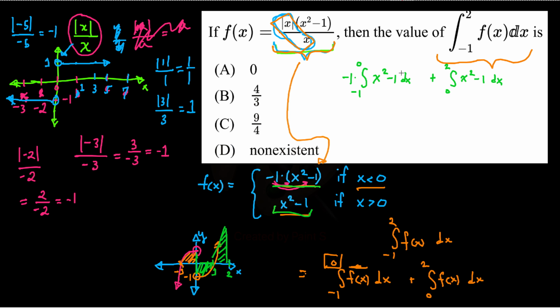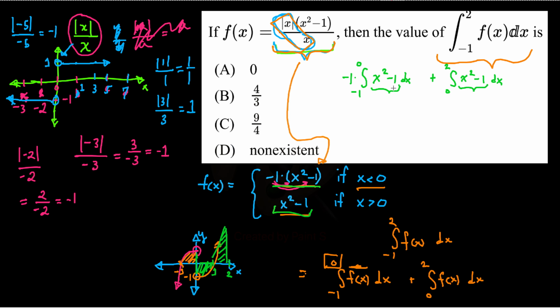Now, to integrate this, we want to use the fundamental theorem of calculus. We want to remember that if I take an antiderivative for this, and we'll go over this more if we haven't gone over this enough, we need to find an antiderivative for x squared minus 1.